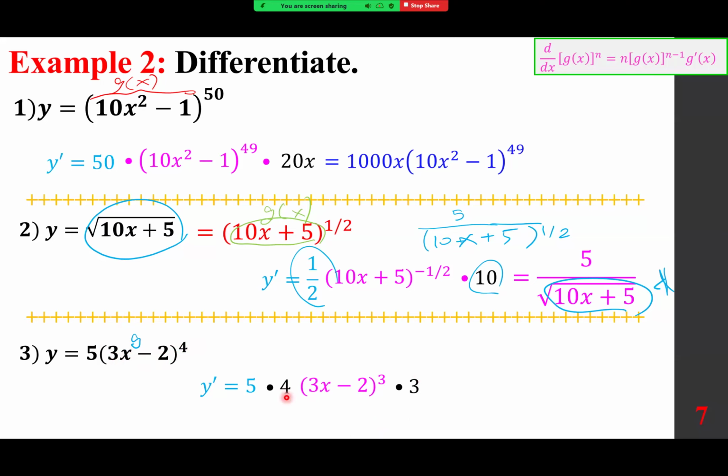The product of 5 and 4, 20, times 3 is 60. We bring it to the front: 60 times 3x minus 2 to the power of 3. So we are using the extended power rule basically in all of these cases.